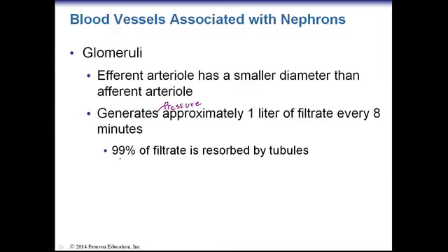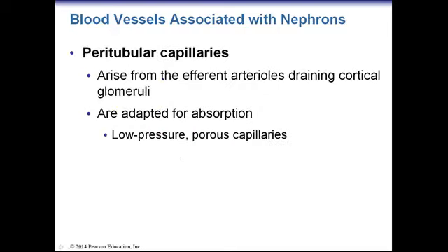And then 99%, remember it's 1 cc per minute, actually enters the tubules. So the peritubular capillaries arise from the efferent arterioles draining the cortical glomeruli.